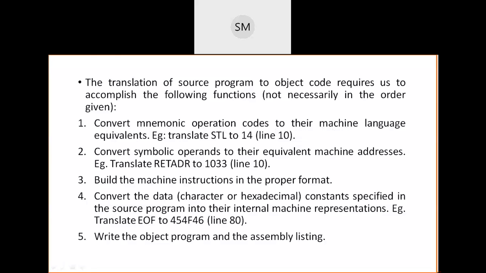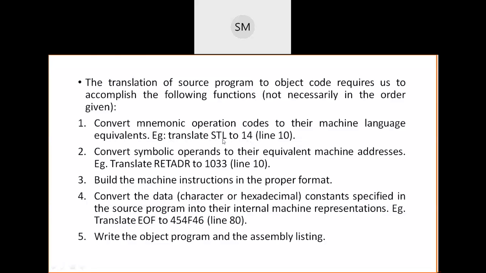Converting a mnemonic operation code to its machine equivalent is nothing but finding the instruction from your program, searching for it in Appendix A and finding its equivalent opcode there. For example, here I have translated the STL instruction to 14. 14 is the opcode for the instruction STL.